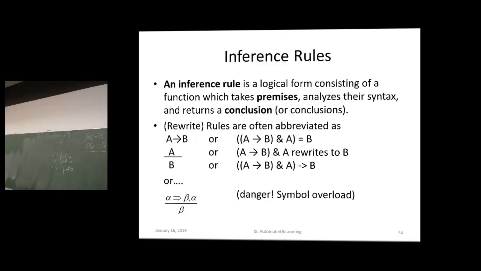If these two things are evaluated as true, then this one also has to be evaluated as true. These are different ways of writing down the same thing. So you could have equality, or you can say that it rewrites into, that's why I say symbol overloading. It's the same idea. You have two premises, and you can add a conclusion to your system, to your knowledge base.